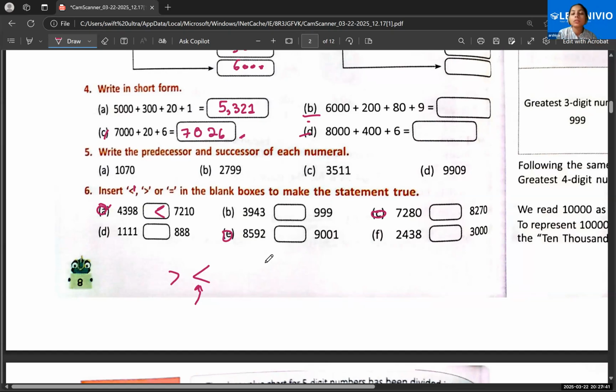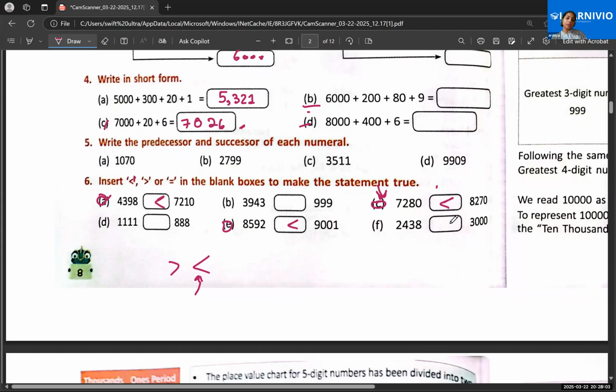It should be like the A one. Correct. Very good. Answer for C also, can you tell? 7,280 is smaller. So like the E one. Correct. So is it clear?